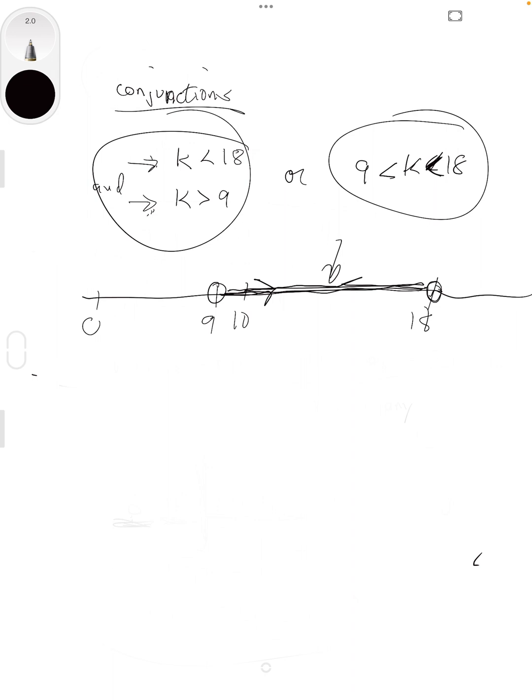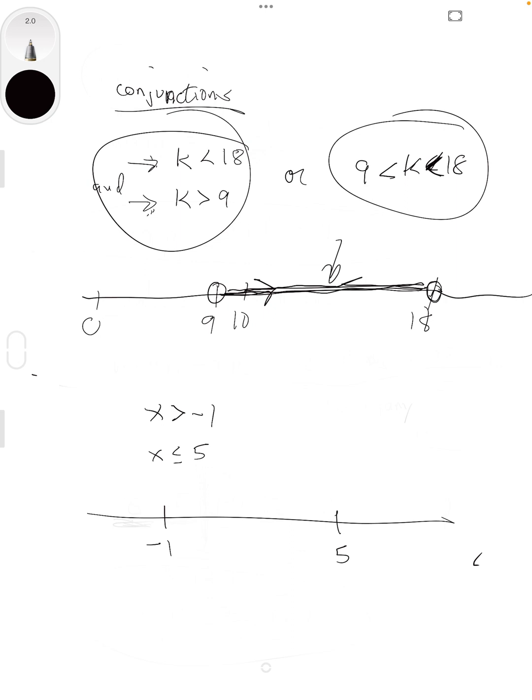Another example would be, for example, some number is going to be greater than -1, but it's going to be less than or equal to 5. So how would I draw that? Well, what I typically do is I just put the numbers here, and I don't bother with any of the rest.